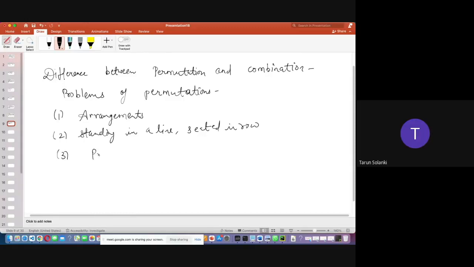Third is problems on digits. Fourth is problems on letters of a word. Right? So problems of permutation are based on arrangement, standing in a line, seated in a row, problems on digits, problems on letters of a word. Okay, so these are for the permutations.